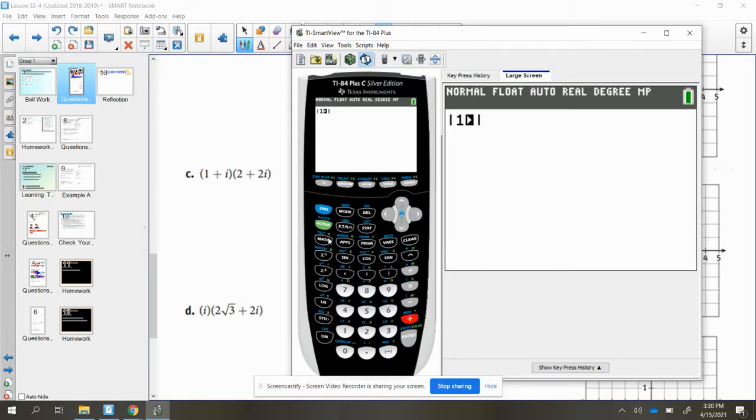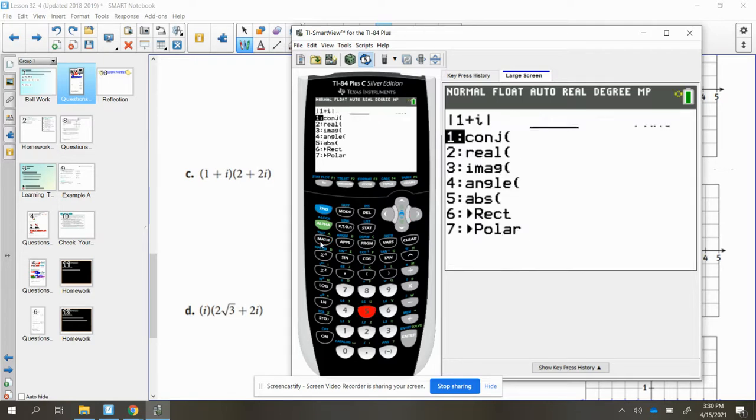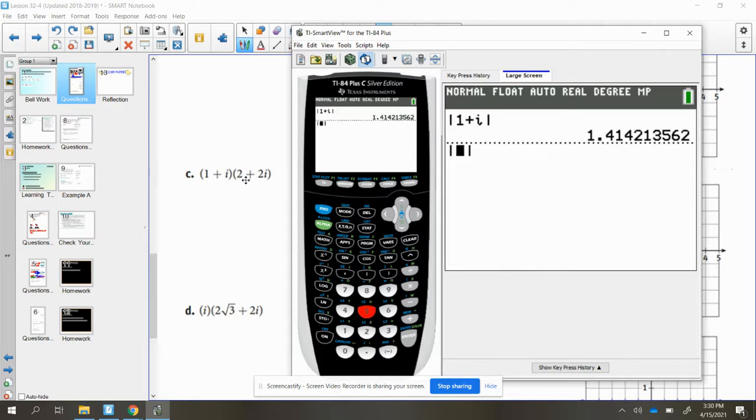So we have 1 plus i. We see we get 1.41. If we test out then the absolute value of 2 plus 2i, we see we get 2.82.